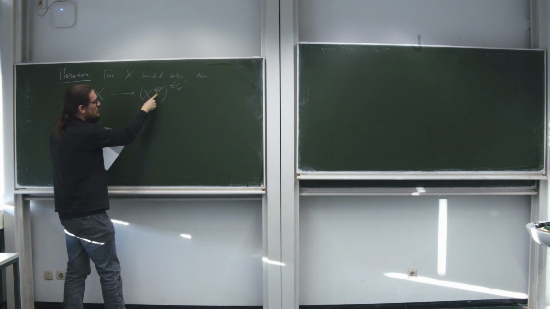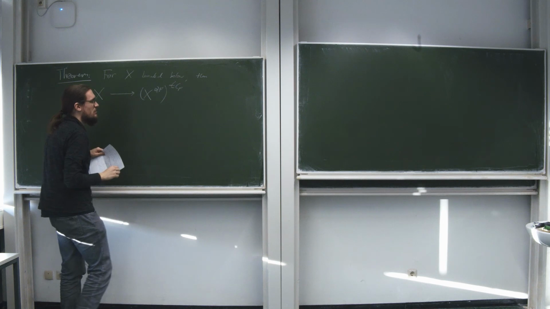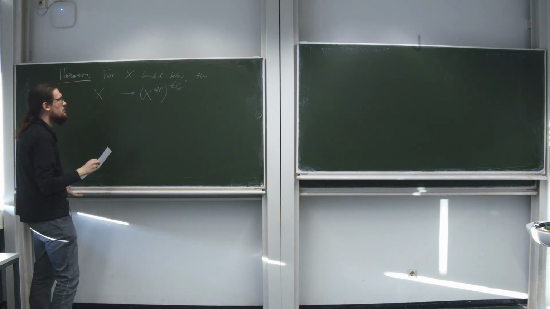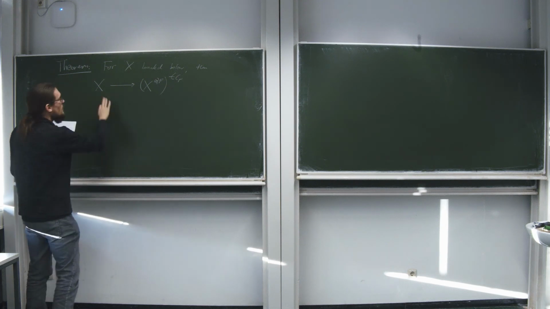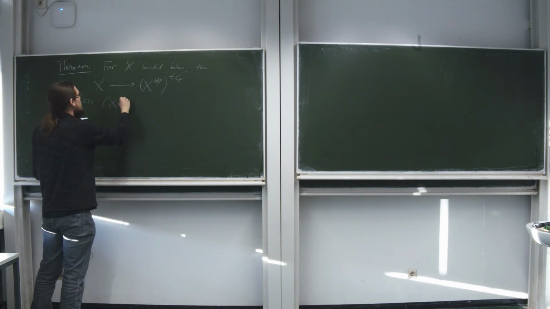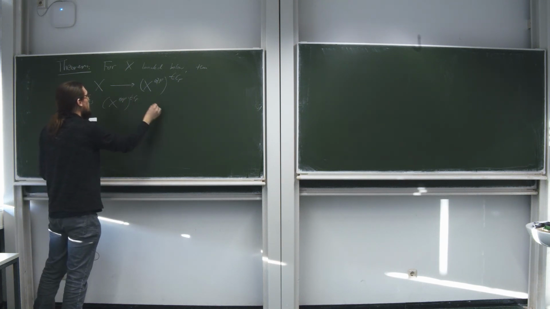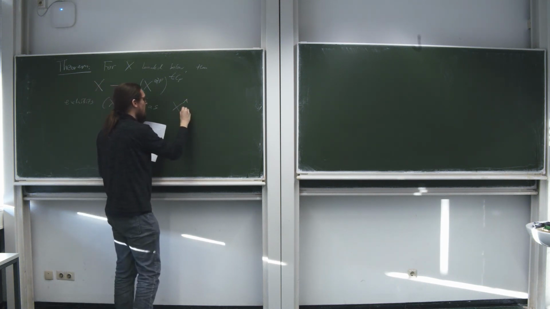So this is something complicated. Even if X was an Eilenberg-MacLane spectrum, this is going to be something complicated with a mysterious C_p action. And in fact, this map exhibits (X tensor p) Tate C_p as the p-completion of X.